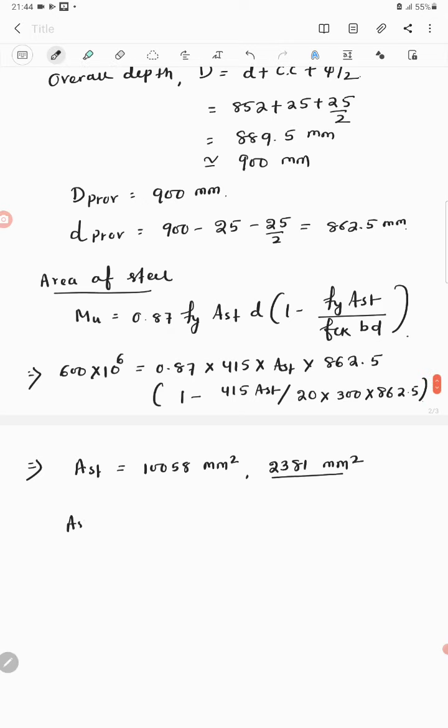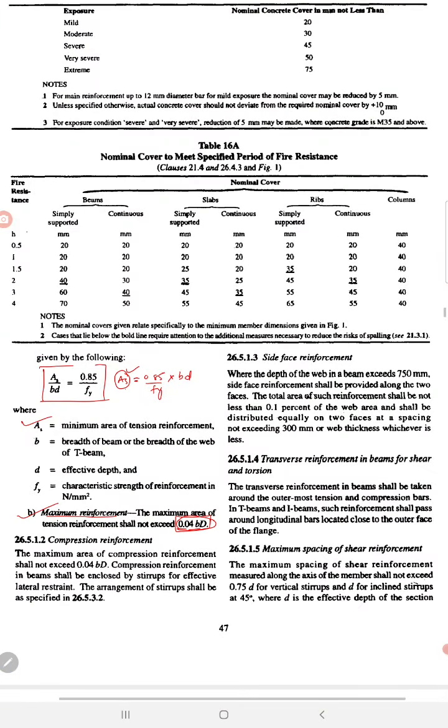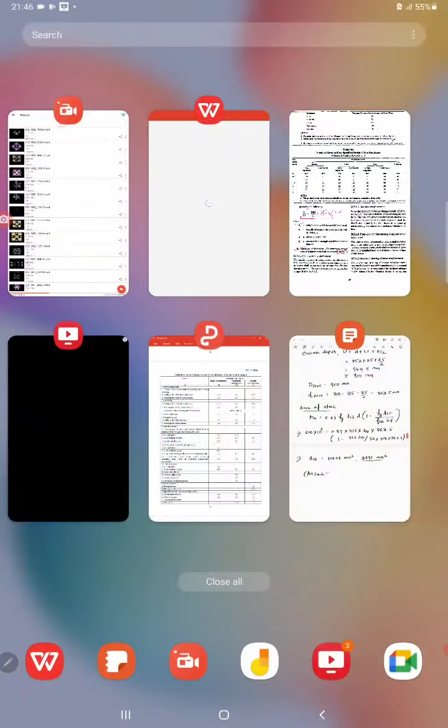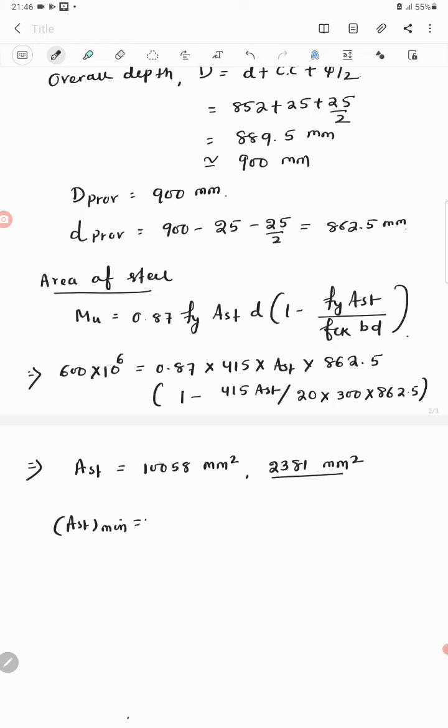As per the code, what is Ast minimum? Refer to this code. This is given in clause number 26.5. Ast minimum is 0.87 divided by fy into b d.